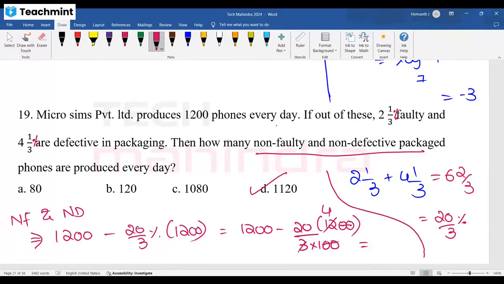So the answer is 1120. Don't go for 80, because 80 is defective and faulty. I want non-faulty and non-defective. There is a typing mistake: 2 1 by 3% faulty, 4 1 by 3% defective, percentage. That's why we got stuck there, because of an error in the question.